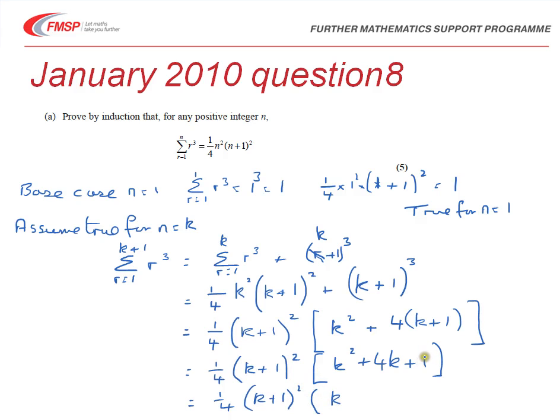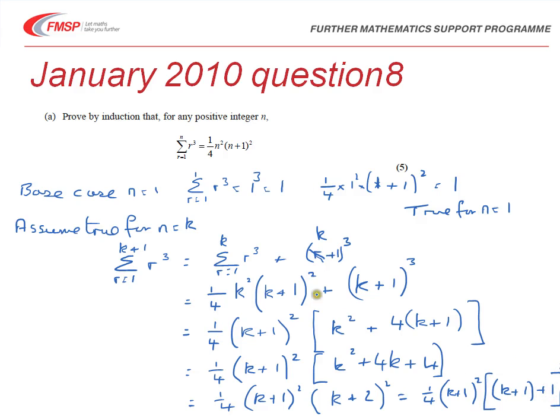I beg your pardon, that should have been plus 4 in the line above. In this bracket then we get (k+2) all squared. Now, to write it in the form that we want, we should really be writing it as (k+1)+1. So I'll just rewrite that as 1/4 (k+1) all squared, and then in a bracket (k+1+1) all squared.